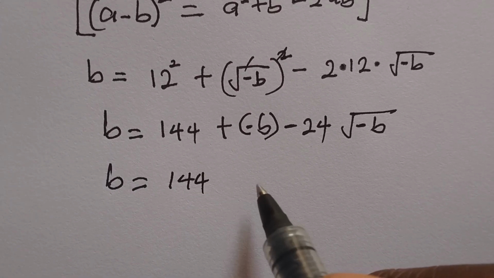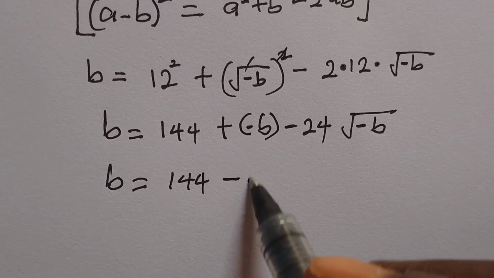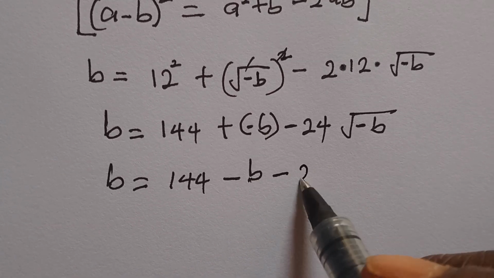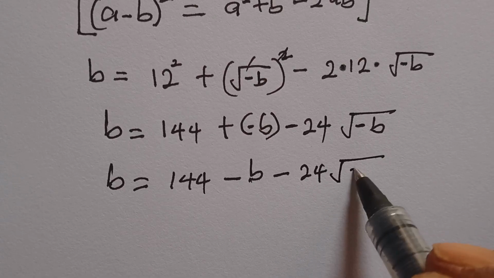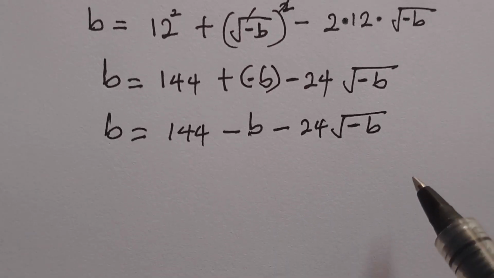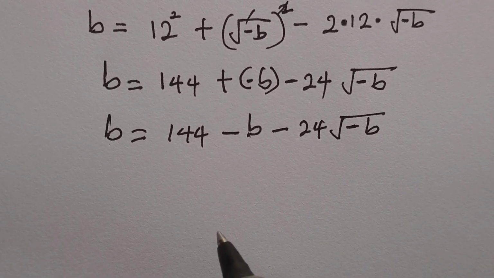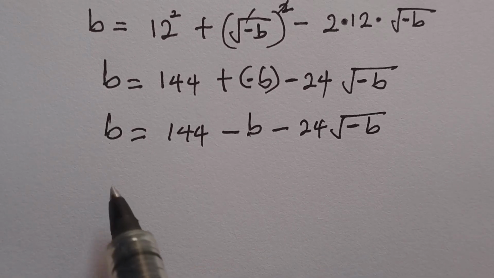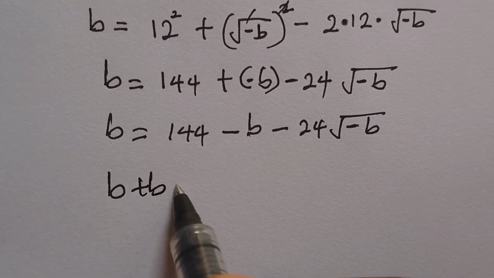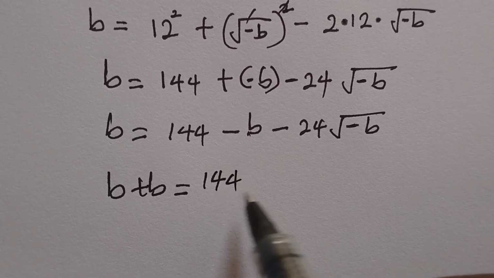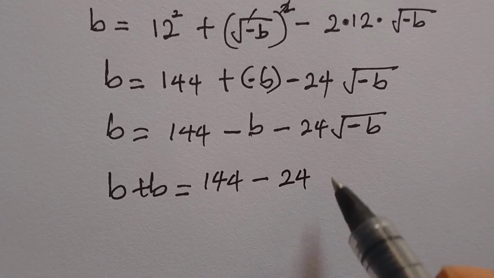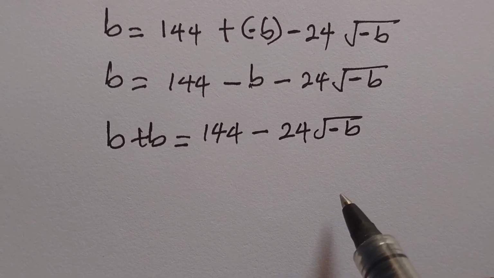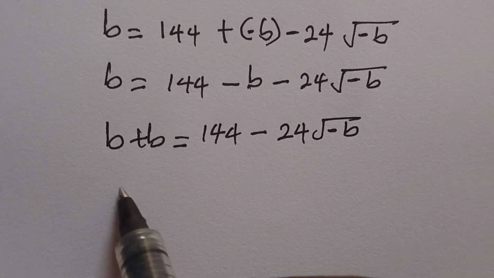So minus times plus gives us 144 minus b minus 24 square root of minus b. Now the next thing is to take b to the left hand side. So I will have b plus b equal to 144 minus 24 square root of minus b, and b plus b gives us 2b.